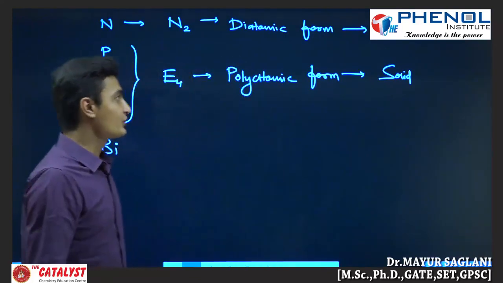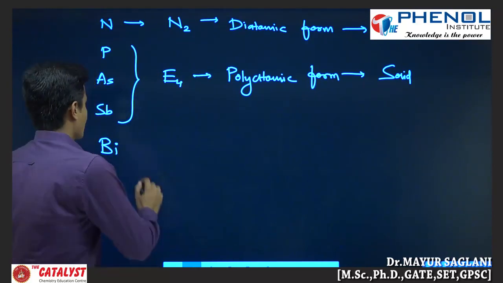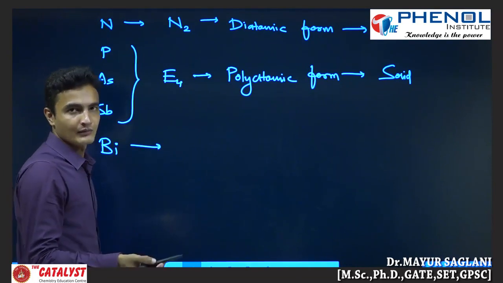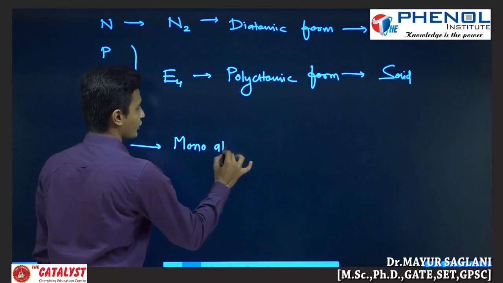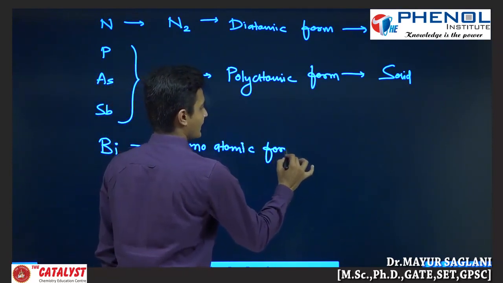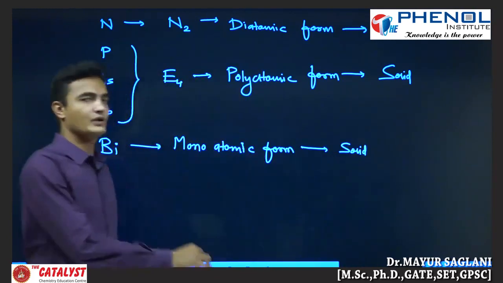Generally metals exist as individual atoms, and bismuth is a solo atom, that is, in the monoatomic form, and in the solid state. Are we clear up to this?